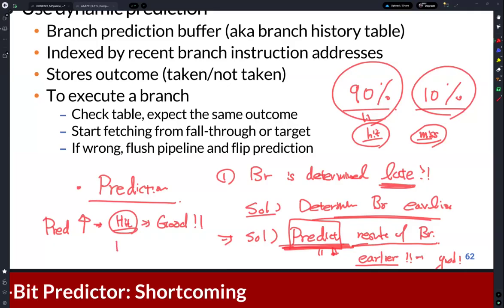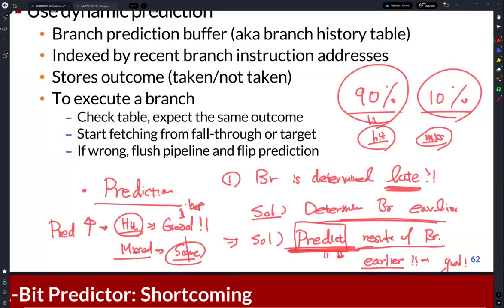If the prediction is missed, so it's incorrect, it's not good, but it's the same as before. So it means it's better overall.